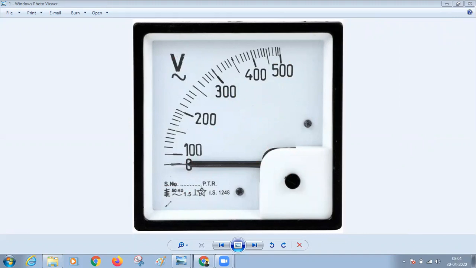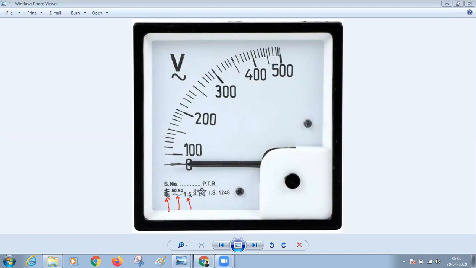Okay, so we will observe some of the meters and say what all the symbols represent. For this meter, this is a moving iron instrument, and this represents a sinusoid. It will be operated with a sinusoidal voltage from 50 to 60 hertz, and this meter has 1.5% error.